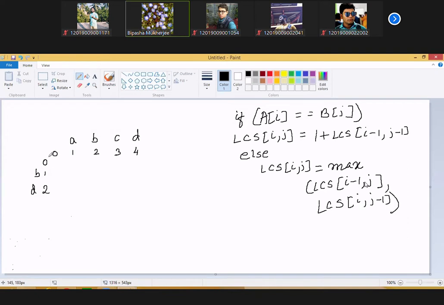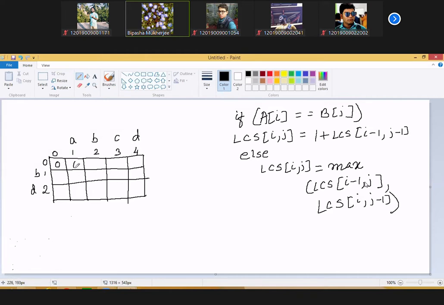So we do one initialization with 0. Obviously no one will ask you to do this by hand when you are dealing with the longest common subsequence problem.